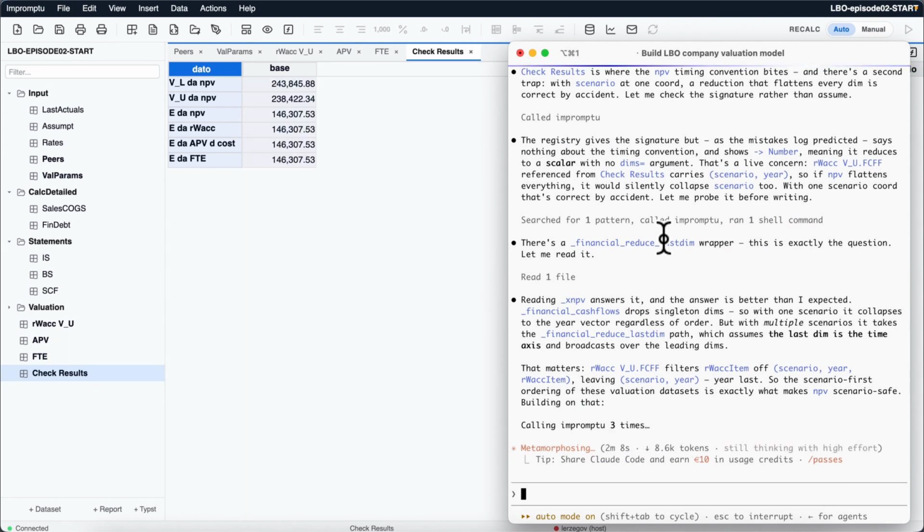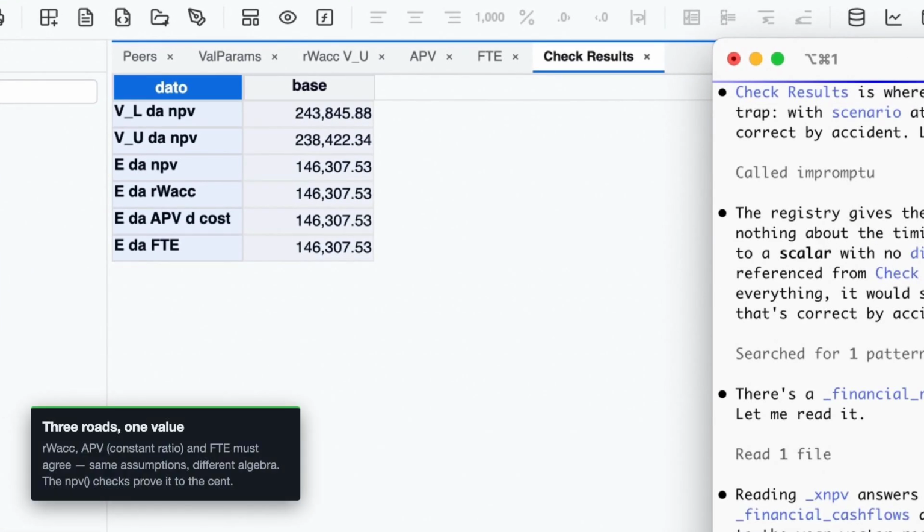And here's the whole episode in one table. Levered value by NPV matches the recursion exactly. Equity, three ways. WACC, APV, flow to equity, all 146,307, agreeing to the cent.